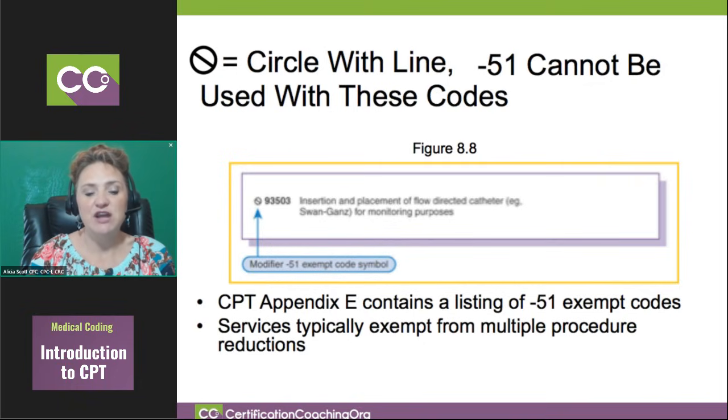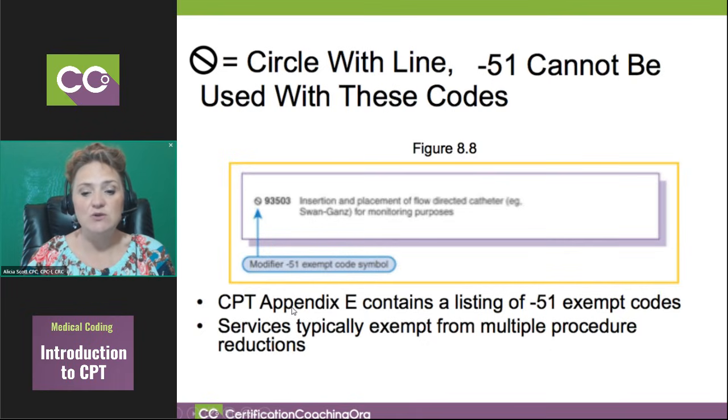And so now you're saying, well, what's modifier 51? Well, it has to do with multiple procedures being done in the same day. And we'll talk about modifiers later. Don't worry about that right now. Just know that if you see this, what I call a not symbol or a circle with a line, that is specific to modifier 51 and you cannot use it.